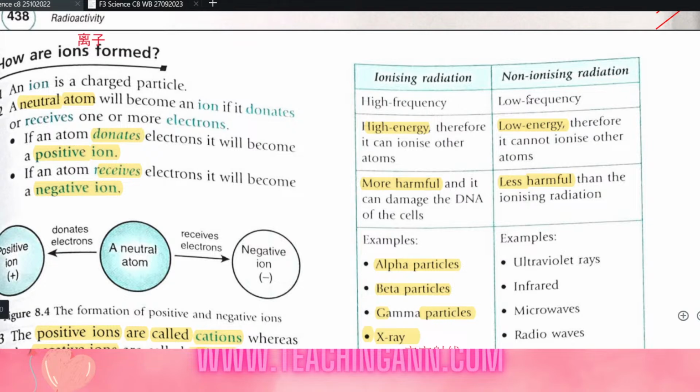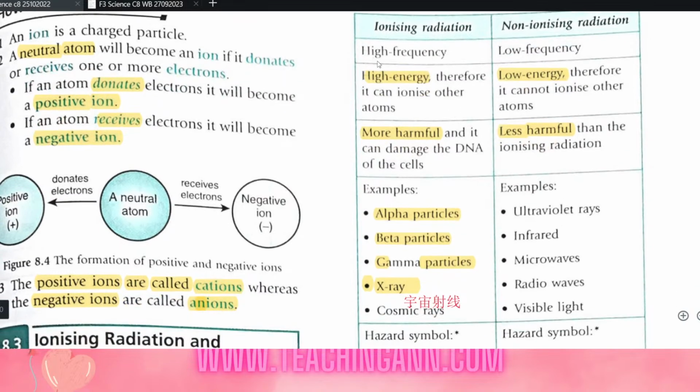Low frequency: 1 second, 1 wave, 2 waves, 3 waves, very slow only. That is the meaning of frequency, 频率 in Chinese. 这个高频，这个是低频。Because it is high frequency, it has high energy, whereas low frequency has low energy. So high frequency radiation can ionize other atoms.